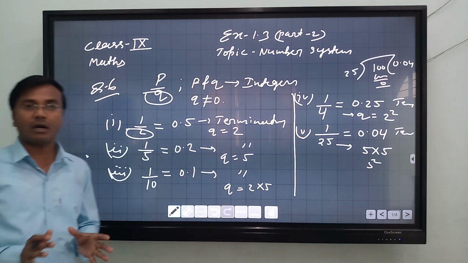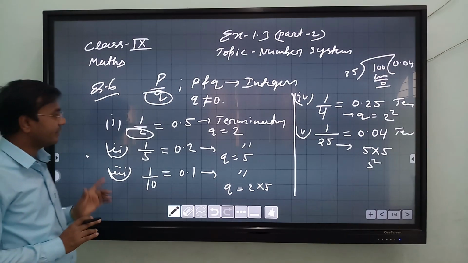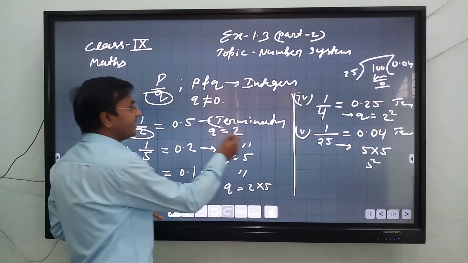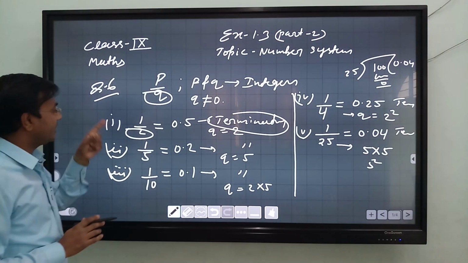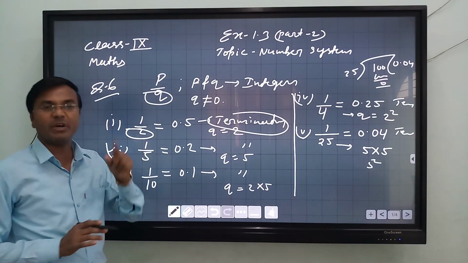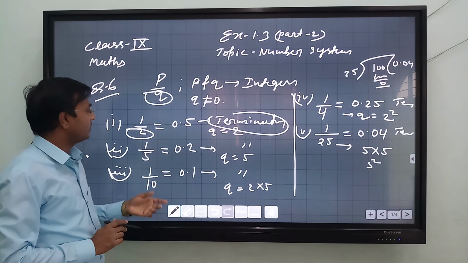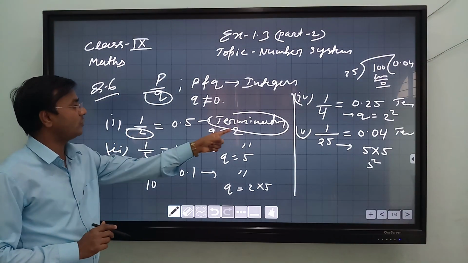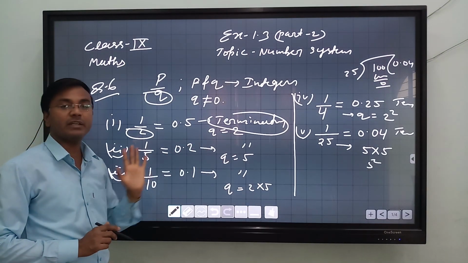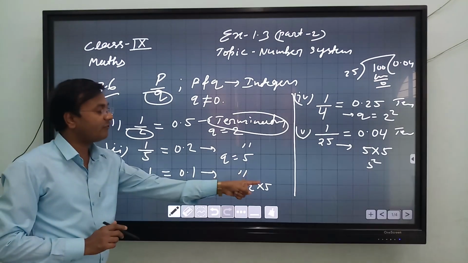So what we are observing is that in order to have a terminating decimal, the denominator, that is q, must be of the form: a factor of 2 only, a factor of 5 only, or a factor of 2 and 5 only.